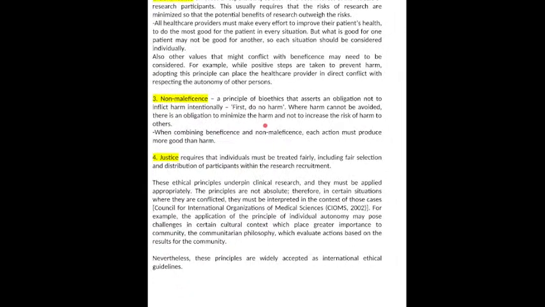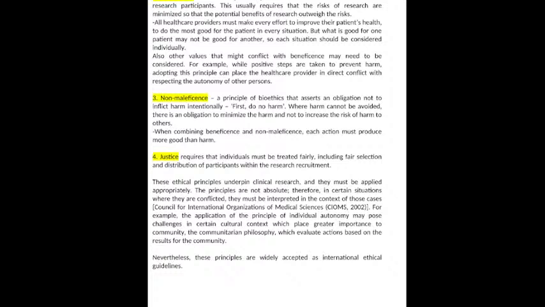And finally, the last ethical principle is justice. This requires individuals must be treated fairly, including fair selection and distribution of participants within the research recruitment.